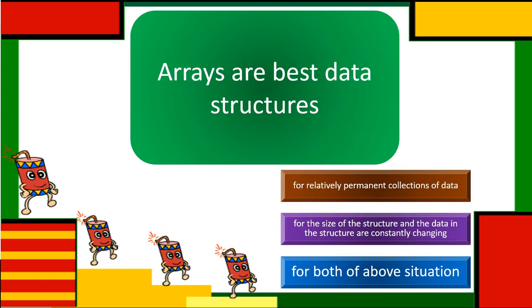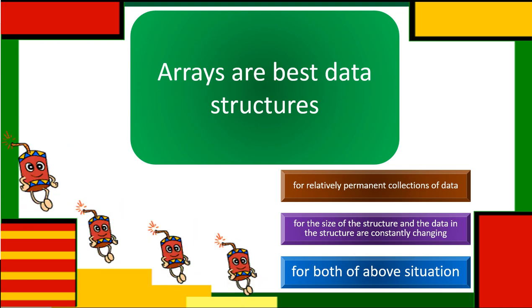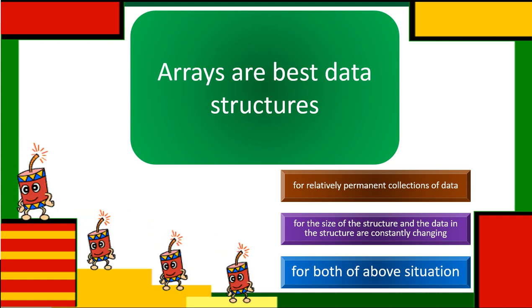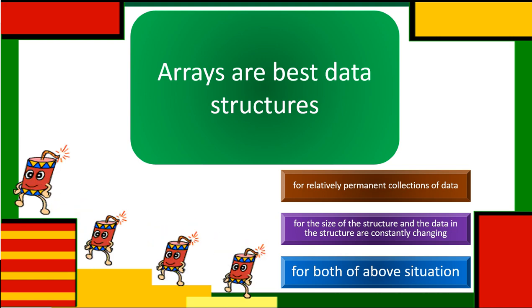So let's see the next question. Arrays are best data structures for: a relatively permanent collection of data, the size of the data structure and the data in the structure constantly changing, or both of above situations.